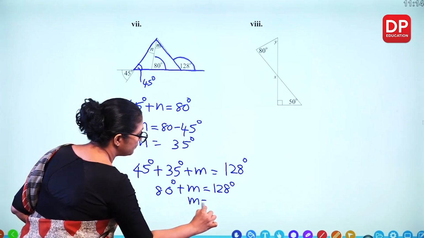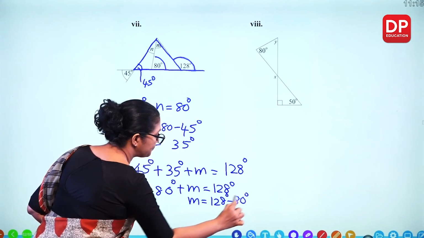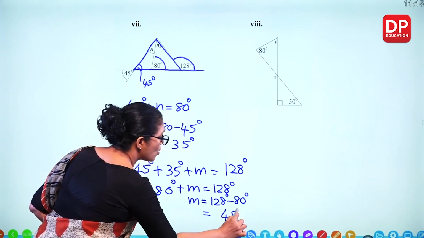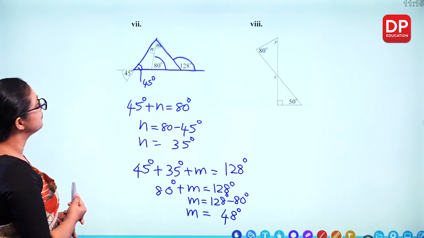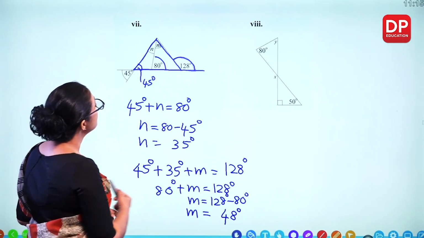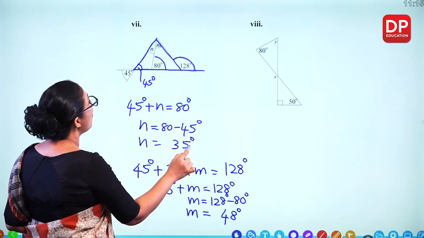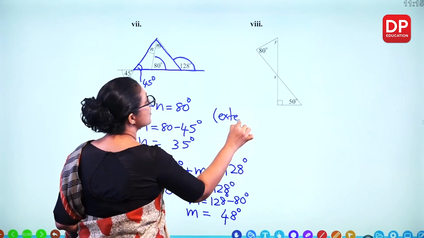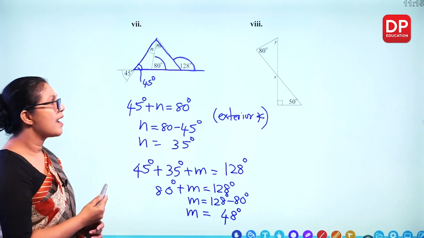What's M? 128 minus 80. You get 48 degrees for M. So the reason for all of these is exterior angle is equal to the sum of opposite interior angles.